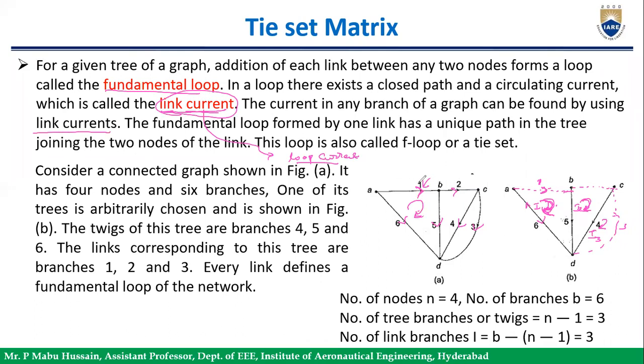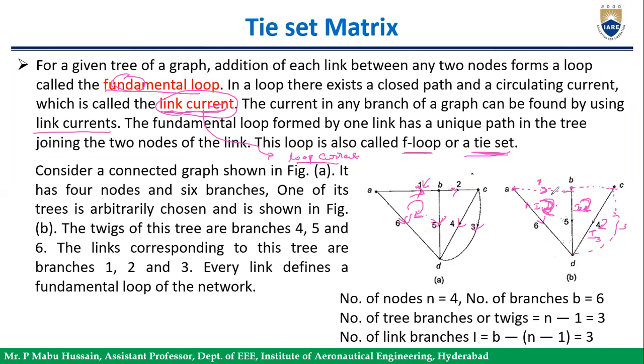The fundamental loop is formed by one link which has a unique path in the tree, joining the two nodes of the link. So by joining the two nodes with one link, that loop is called the fundamental loop, also called an F loop or Triset.